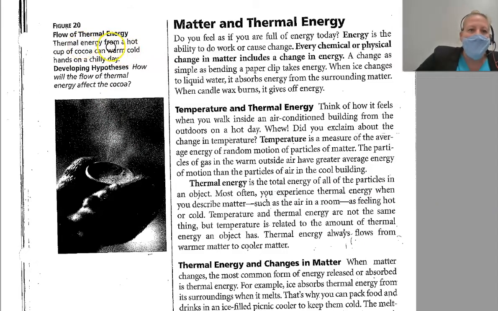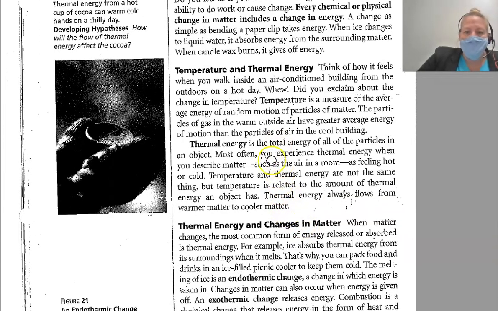Flow of thermal energy. Thermal energy flows from a hot cup of cocoa to the warm hands on a cold day. So it's important to know which way thermal energy flows. Thermal energy is the total energy of all the particles in an object. Most often, you experience thermal energy when you describe matter, such as the air in the room, as feeling hot or cold.